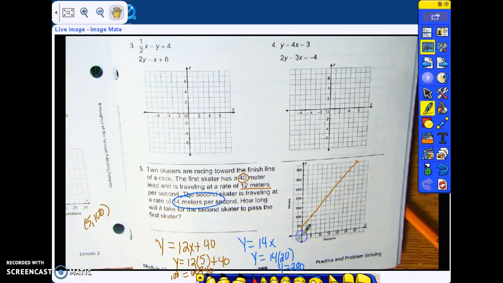So we're starting at the origin, and we're going up to 280. And that is actually where this graph just so happens to cross. It will be about 20 seconds when the second skater passes the first skater.